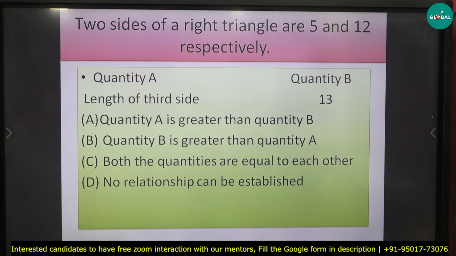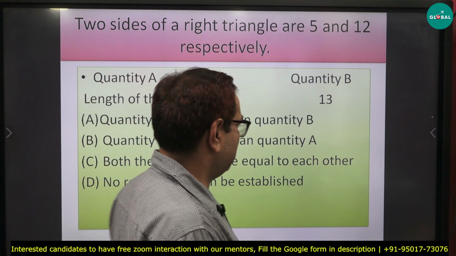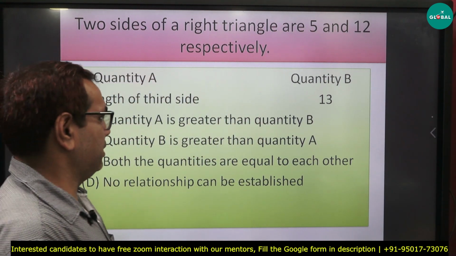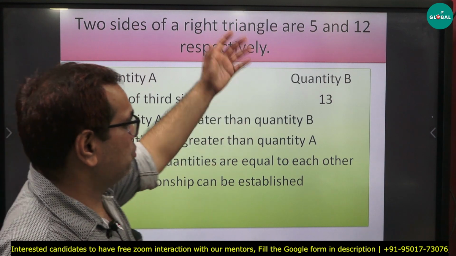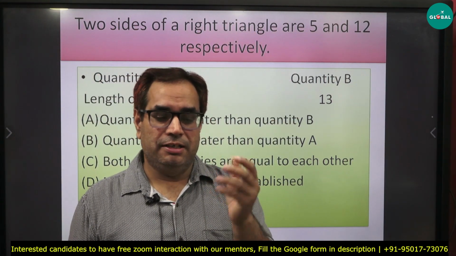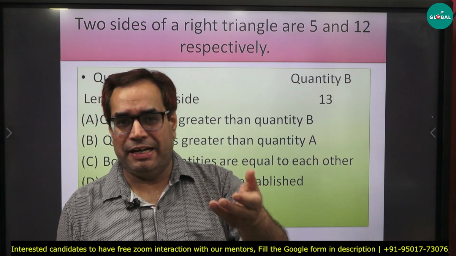You may be aware of Pythagoras triplets. Everyone knows about the Pythagoras theorem, which is applicable in a right angle triangle. I think you have got the answer, and the majority of the students are thinking that 5, 12, 13 is a Pythagoras triplet, the sides of a right angle triangle.